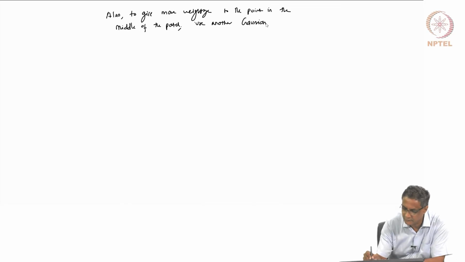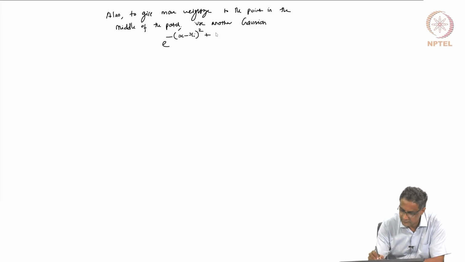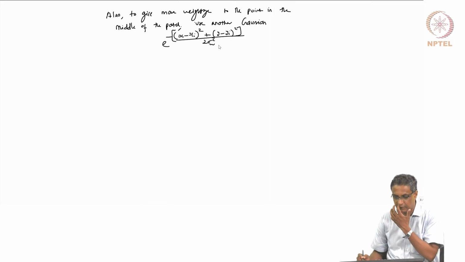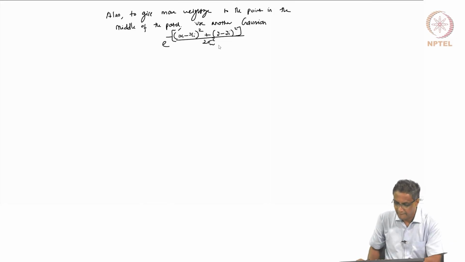Anyway, I think this is not so relevant, but I am just writing it because it is there. So it is like minus of x minus xi square plus y minus yi square, divided by 2 sigma square w. This is not the same as the other one; this is a different sigma.